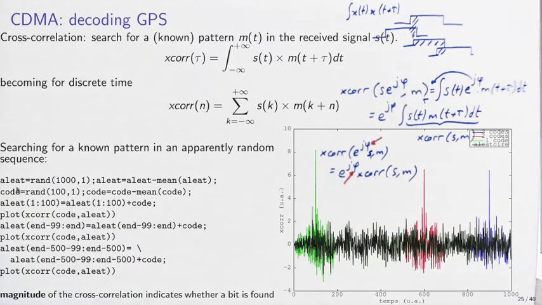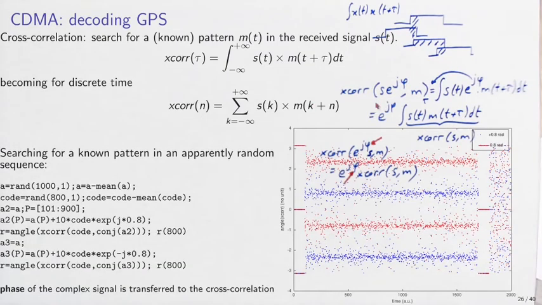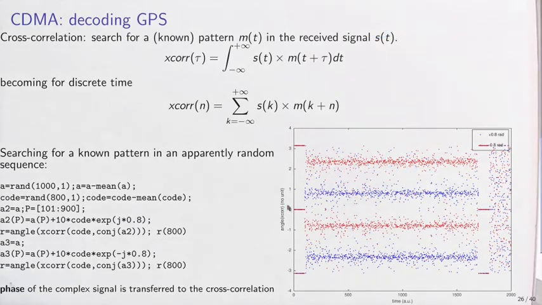So this is what we illustrate in this MATLAB script. What you see here is two copies of a signal. We've created one signal shifted by a phase of 0.8 radian, another one shifted by minus 0.8, and what you see here is after plotting not only the magnitude but also the angle, the phase of a cross correlation, we get one output at plus 0.8, that's the output of this correlation here.